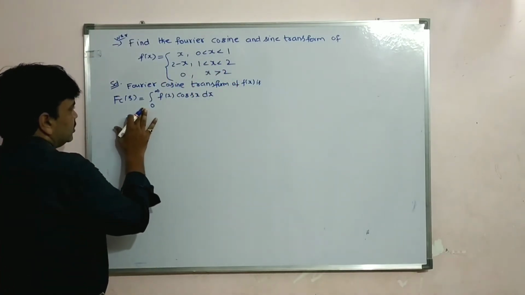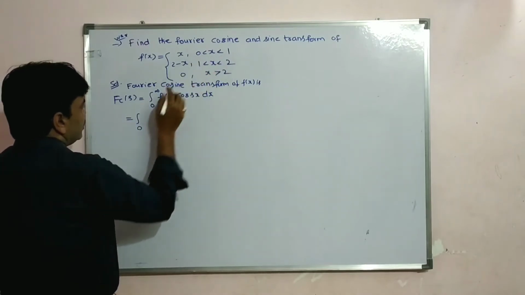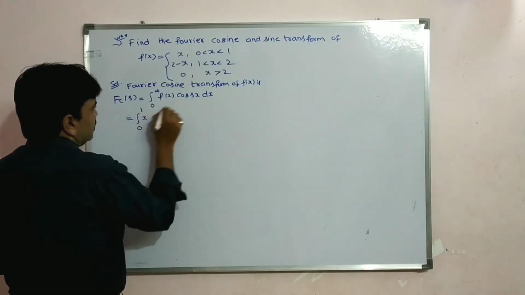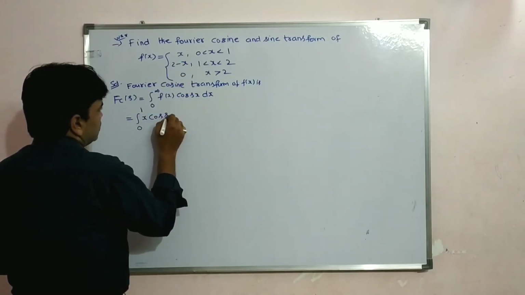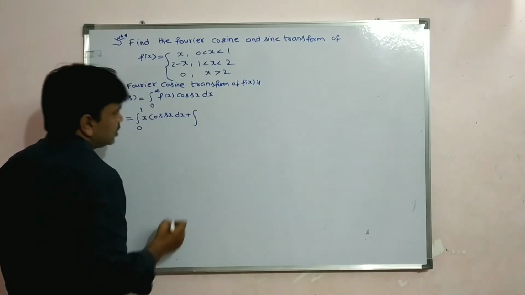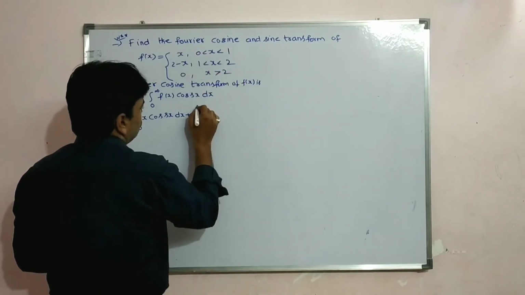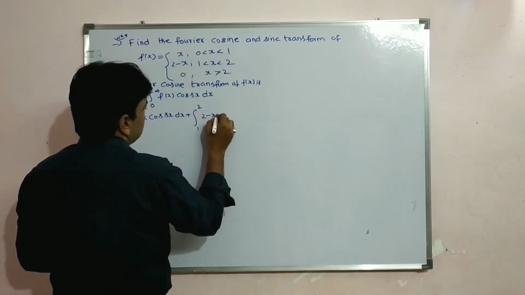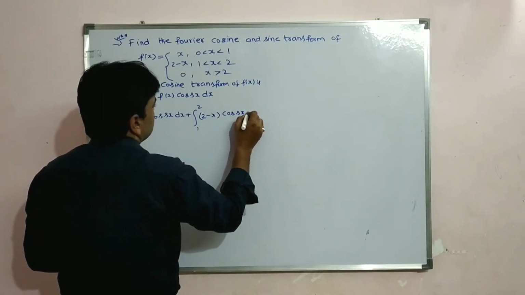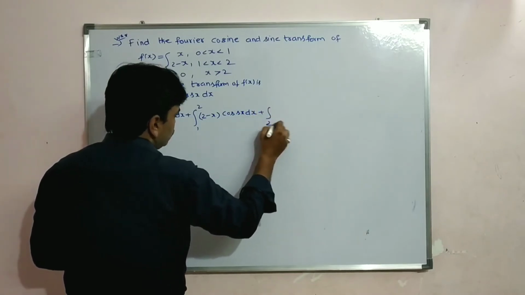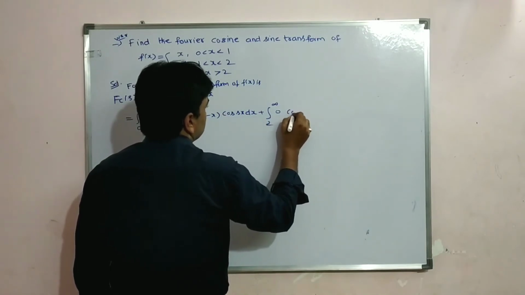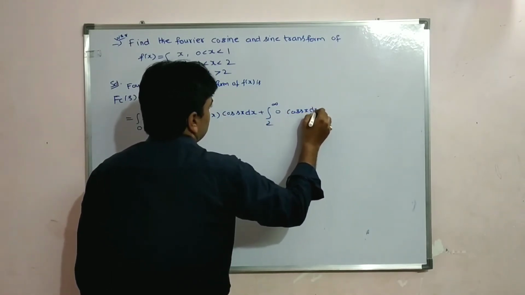So you write here 0 to 1. What is the f of x value here, students? x cos sx dx, plus the integral from 1 to 2 of f of x, that is 2 minus x, into cos sx dx, plus the integral from 2 to infinity, where the f of x value is 0, so 0 times cos sx dx.